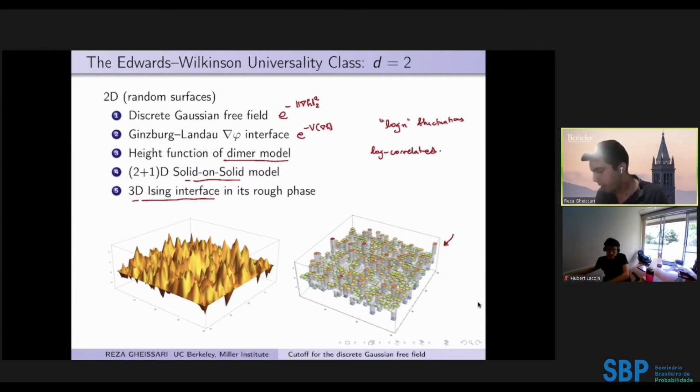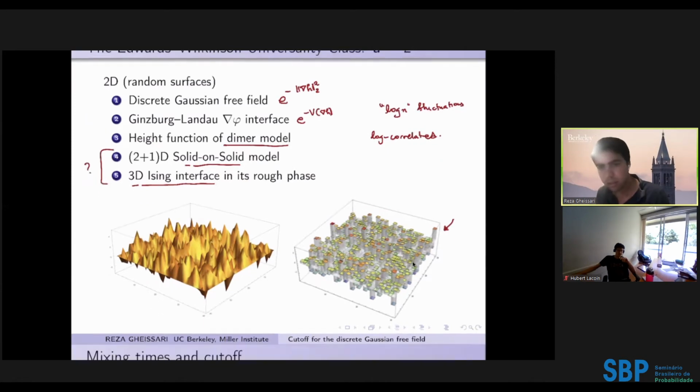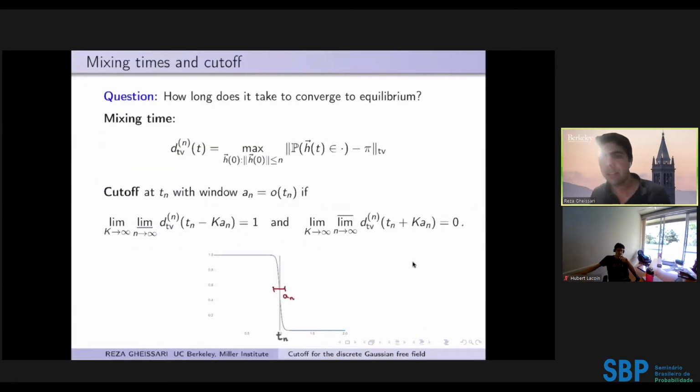So with that, I'm going to now transition over to talking about dynamics. The relevant question that we're interested in, for instance, is what's the behavior of an off equilibrium dynamics for the model that we described.